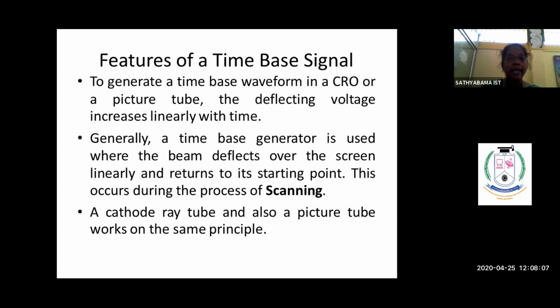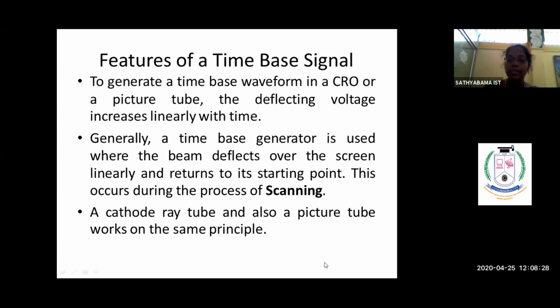To generate a time-based waveform in a CRO or a picture tube, the deflecting voltage increases linearly with time. This is the main functionality of a time-based generator. We have a linear rise in the output voltage or current level. Generally a time-based generator is used where the beam deflects over the screen linearly and returns to its starting point.